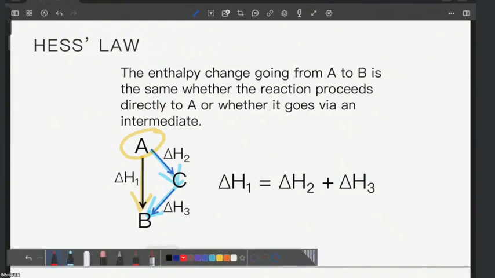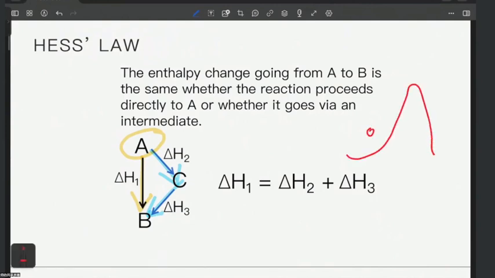In our life experience, it's like climbing a mountain. You can either go a long way or a short way. Both enthalpy changes are the same.